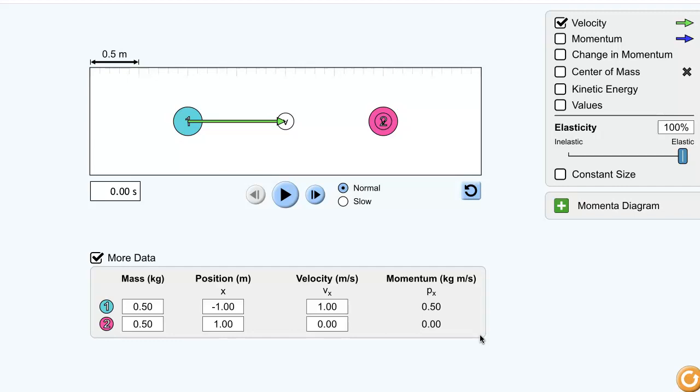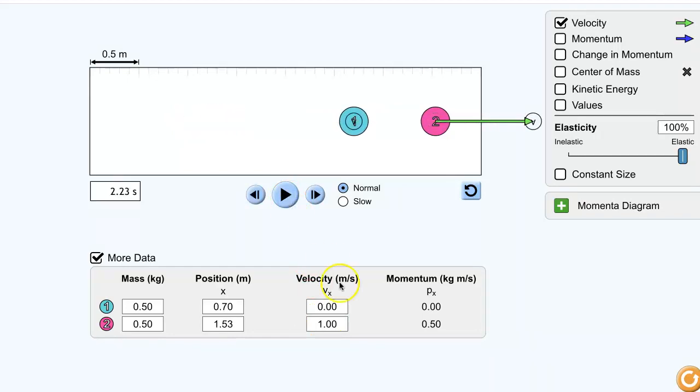Here the initial velocity v1 before is 1, and the initial velocity v2 before is 0, and then I'm going to have the velocities after. This is the velocity after, this is the velocity after. I will record them as easily as this.